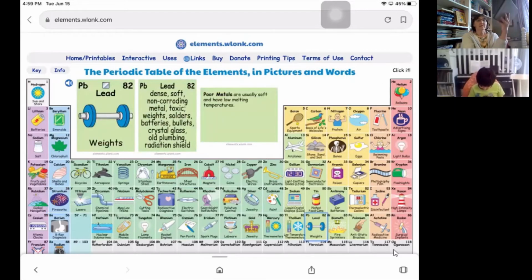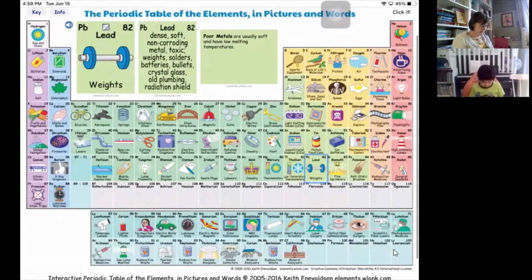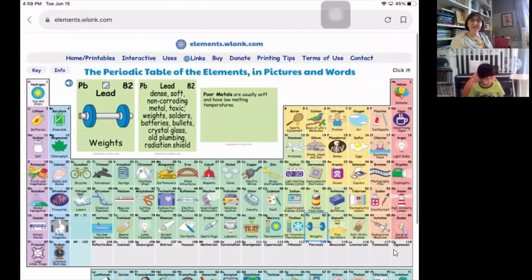Where's 82? It's lead. Did you find it? Yes. All right, we'll do one more.